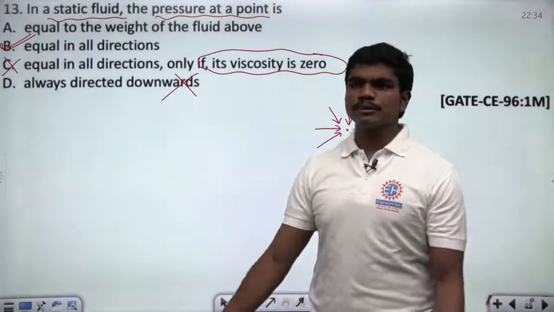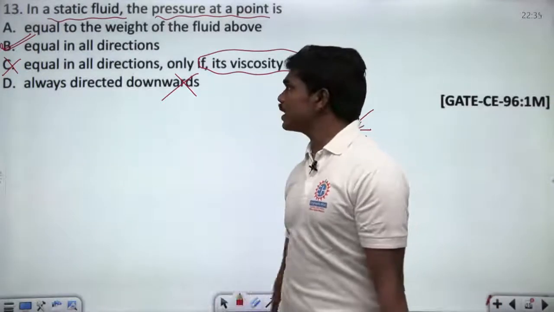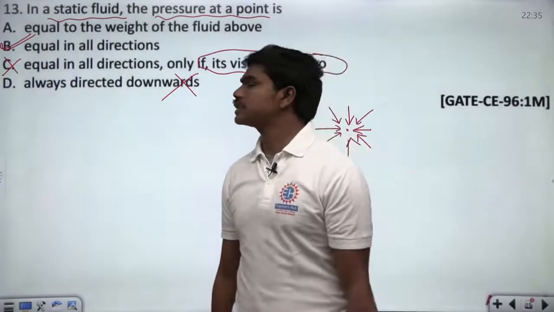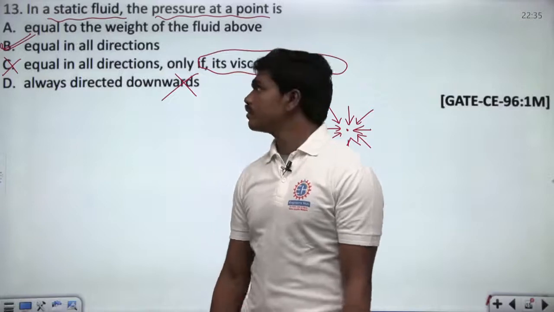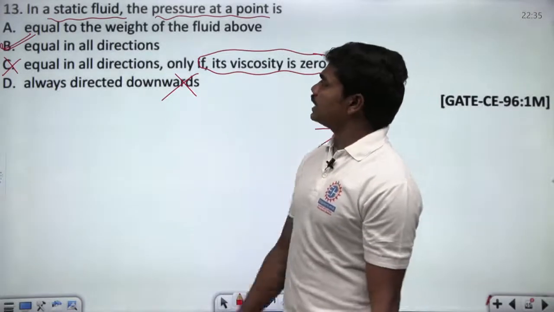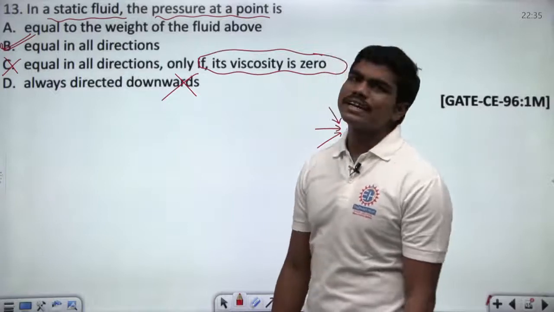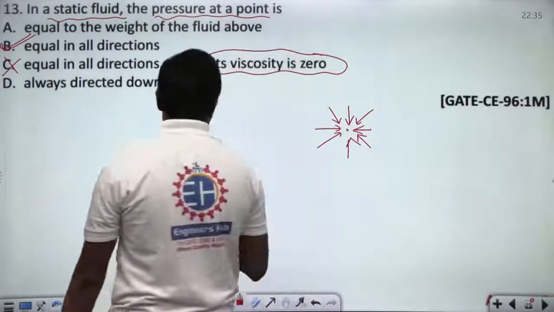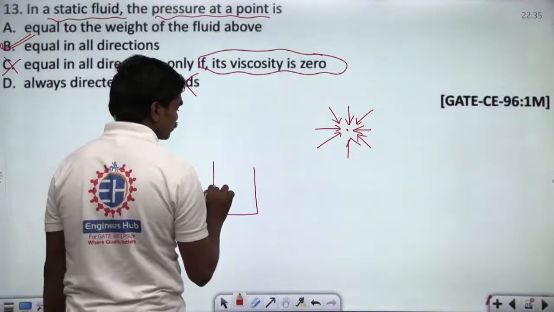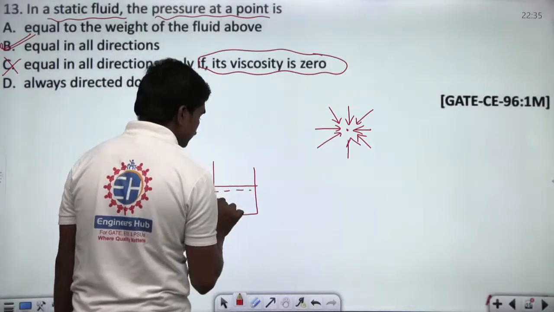So this is the most appropriate answer. So you can choose this, equal in all directions. In a static fluid, the pressure at a given point is equal in all directions. Fine. And the first sentence can be a bit incorrect, because I'll tell you. If you take a free surface of liquid, let us suppose this is some free surface of liquid.